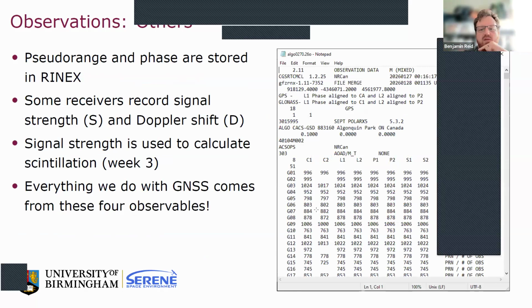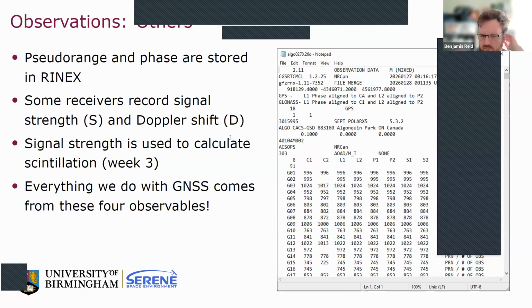So, this is what a RINEX observation file looks like, a version 2 file. So the pseudo range and the phase that the receiver records get stored in the RINEX file. Some of them will also record some other stuff like signal strength and Doppler shift. Signal strength is used to calculate scintillation.